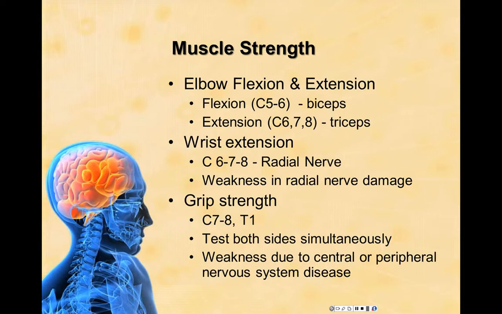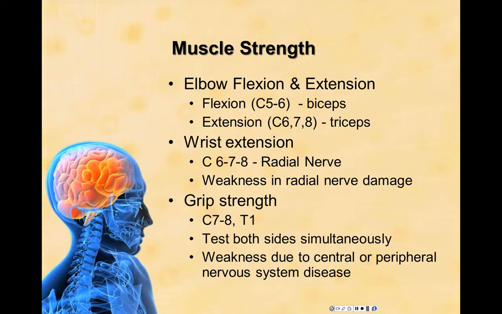Muscle strength, we also check for elbow flexion and extension, wrist extension, and grip strength. When we're testing flexion, we're checking C5 and 6, the biceps, and extension is C6, 7, and 8, or triceps. Wrist extension, C6, 7, and 8, radial nerve, with weakness in radial nerve damage.